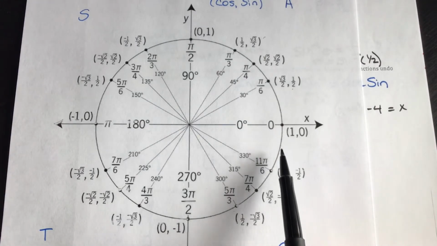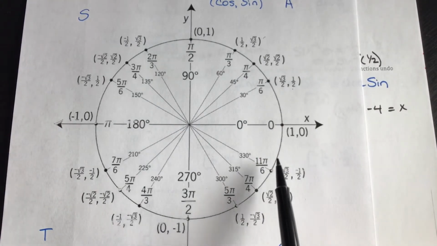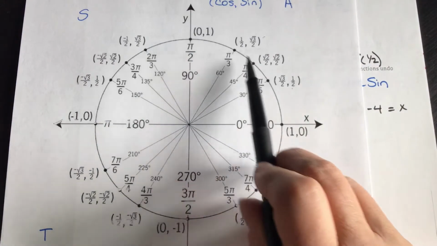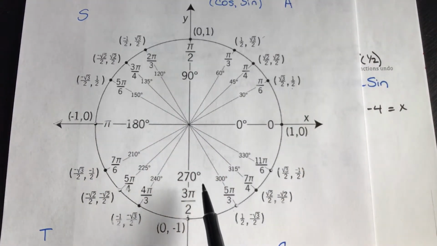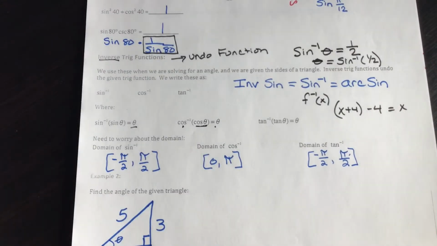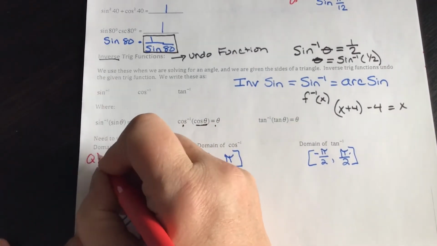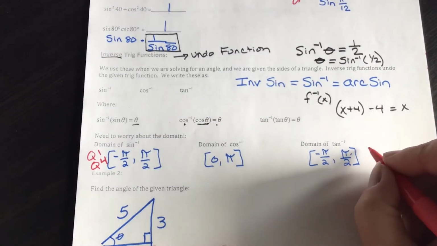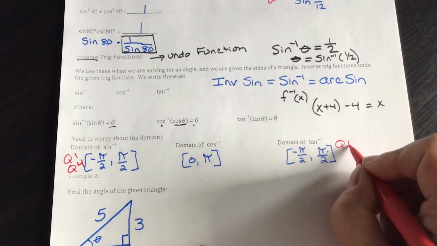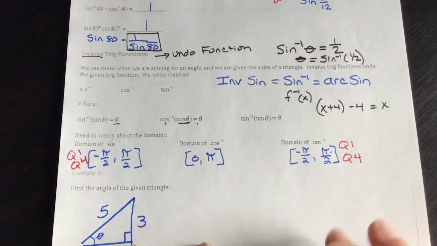If I start at 0, here's negative pi over 2 to positive pi over 2. So if we're working with sine or tangent, we're looking for the angles in quadrants 1 or 4. All right, so let's make a note of that. This is quadrant 1 or quadrant 4. Same thing over here for tangent, quadrant 1 and quadrant 4.